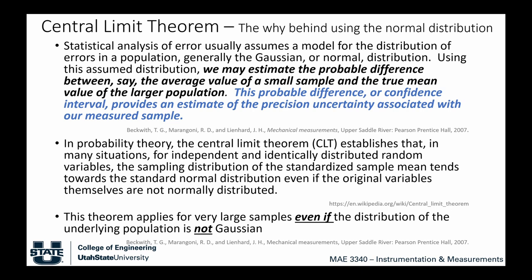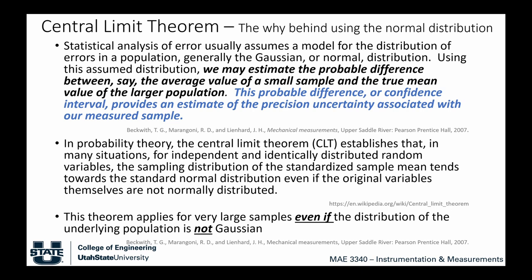This last sentence kind of summarizes it. This theorem applies for very large samples, even if the distribution of the underlying population is not Gaussian. So we're out there in the real world measuring something. Maybe we're a fundamental scientist measuring something no one's ever measured before. Or maybe we are in a manufacturing plant taking quality control samples off of the production line.